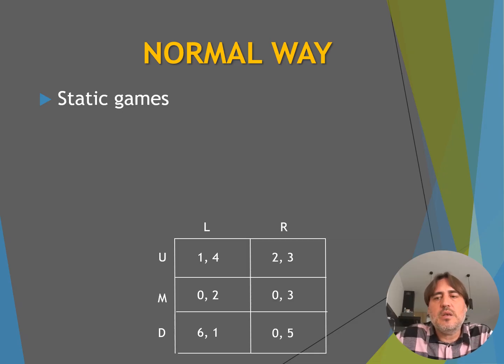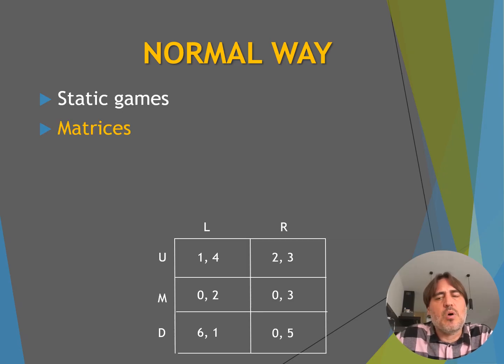This normal way is used in strategic games when decisions are made in a simultaneous way, or when they are made sequentially but the individuals don't know the decisions previously made by others.